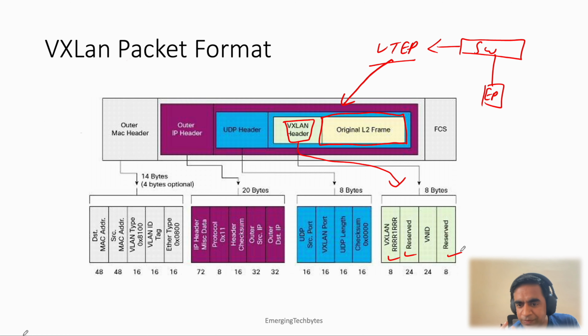Why reserved? In networking, and we will see this in our thought-provoking slide as well, which will come after 2 or 3 slides, backward compatibility is very important. I am not going into the depth of OTV and other encapsulations that existed before VXLAN and were used to achieve a similar purpose.